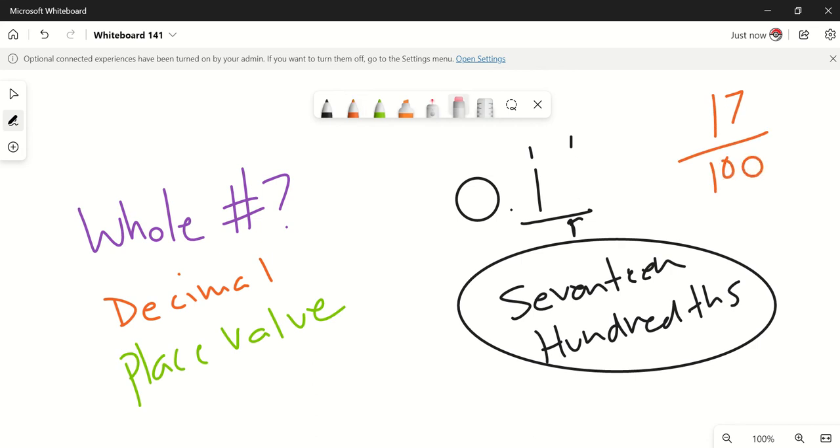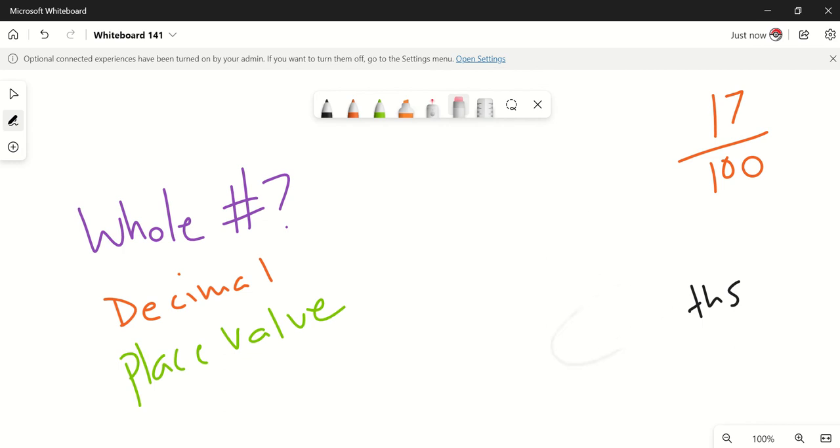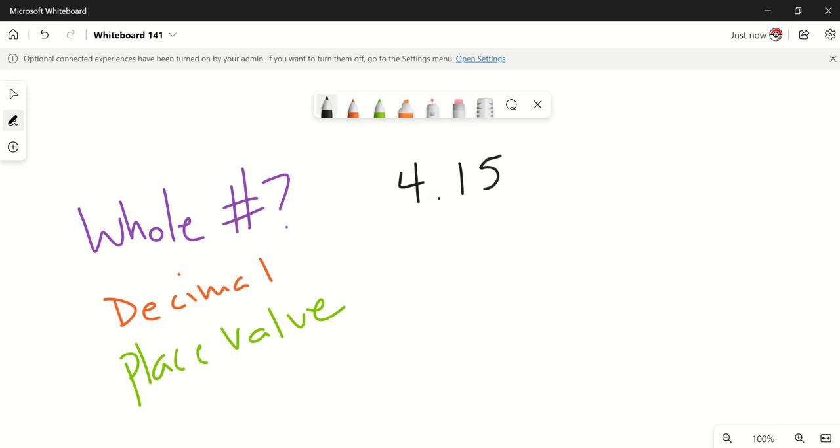Now, let's try one more before we get into the book. Let's try a difficult one with a little bit more place values. Let's do 4.153. Now, whole number? Yes, there is. It's going to be 4. Actually, you know what? Let's change this. Let's say this is 14.153, because now I have to write the whole number as that.